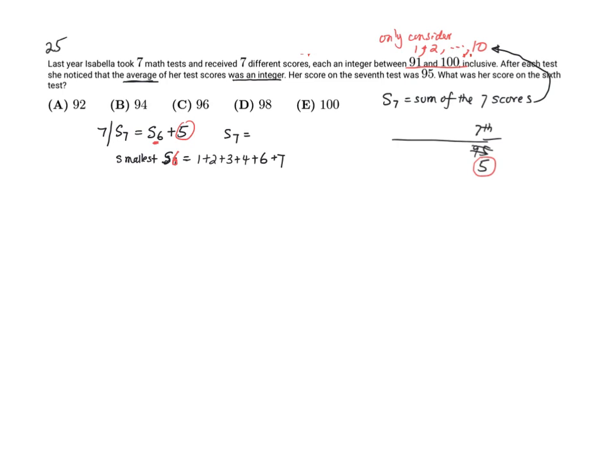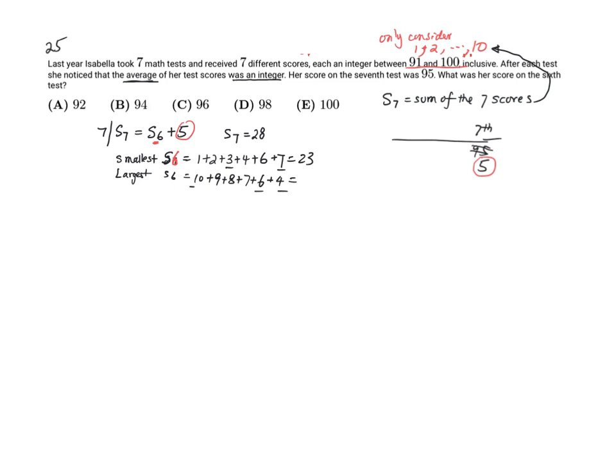So I'm going to just use those. This gives me 23. In other words, the smallest possible S7 is 23 plus 5, which is 28. And then the largest S6, you just use the largest: 10 plus 9 plus 8 plus 7 plus 6 plus 4.